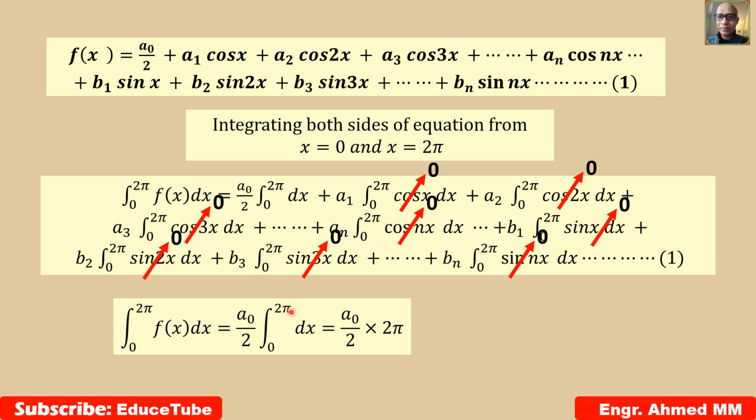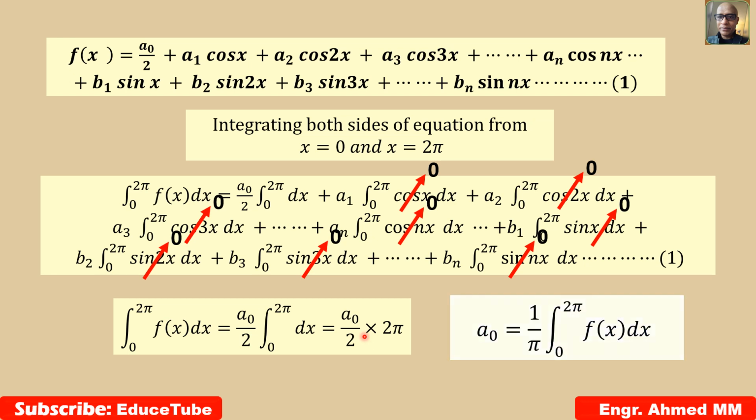Now doing integration, we get a0 by 2, 2 pi. Transposing, we can get the value for a0. That was our target, to find a0.